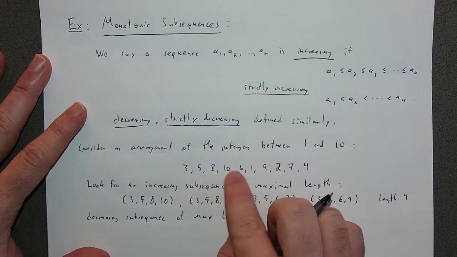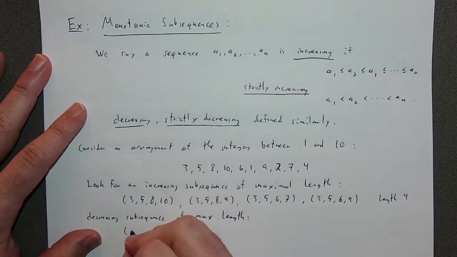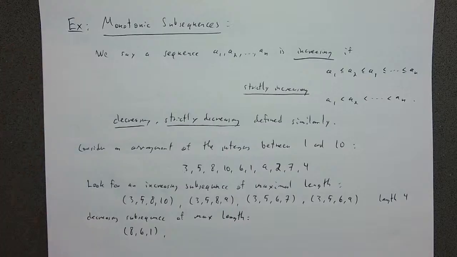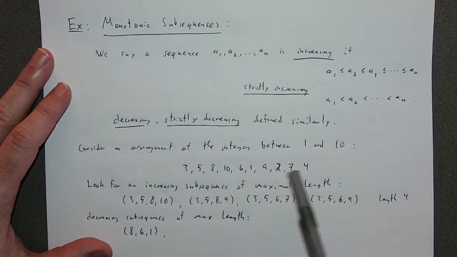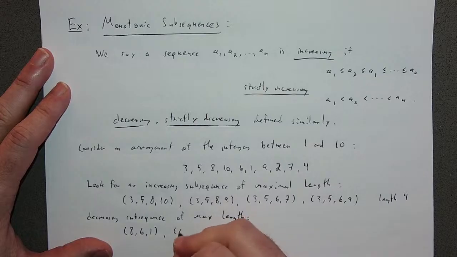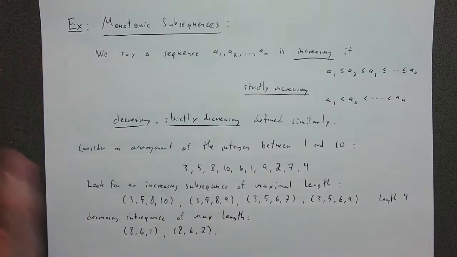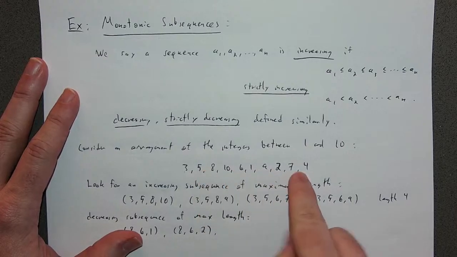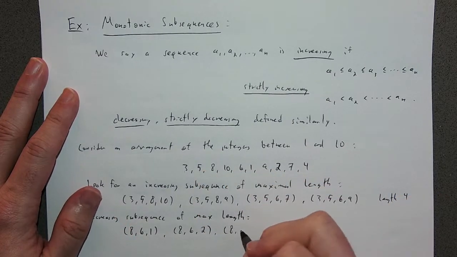There's 8, 6, 1 that works, but that only has length 3. Can we do better than that? Well, I could have done 8, 6, 2, but I can't go further than that, so that's also length 3. There's 8, 6, 4, but again, nowhere to go from there.